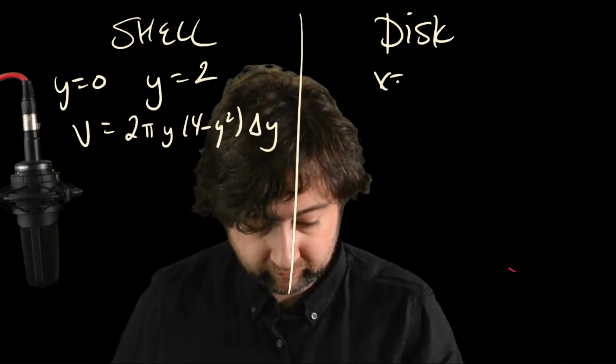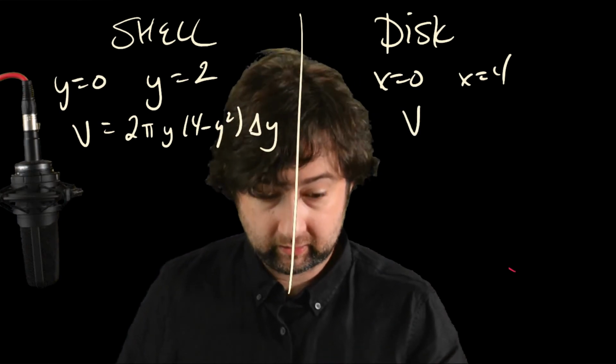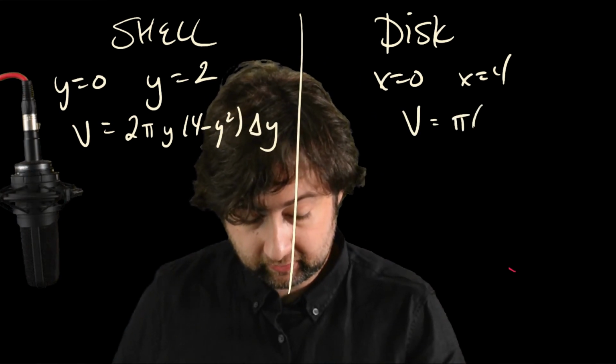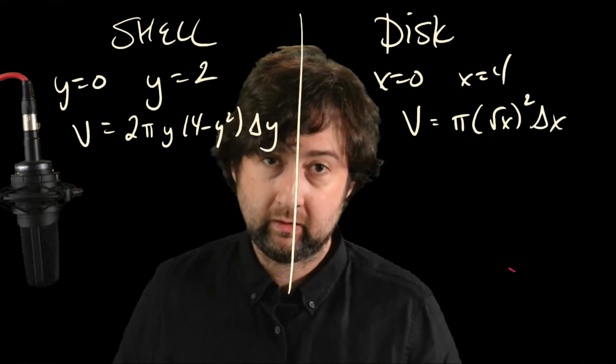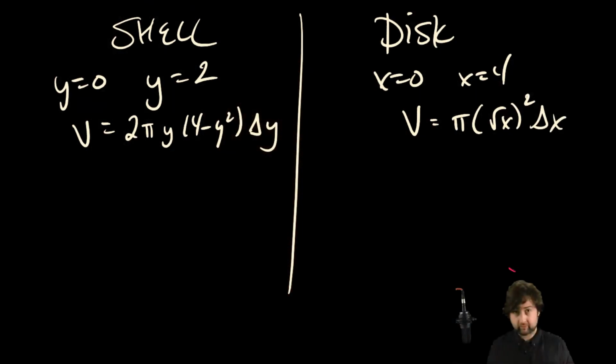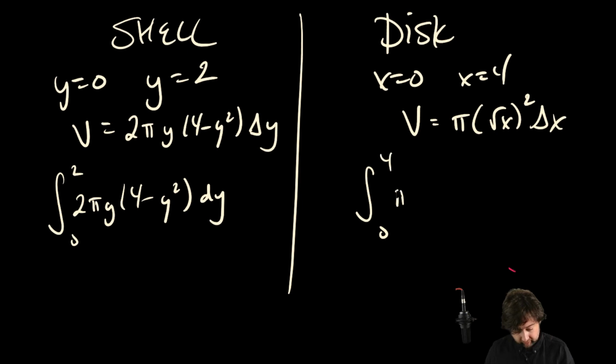And over here, we went from x is equal to 0 to x is equal to 4, and the volumes that we were adding up were pi r squareds delta x. So we can write down two different integrals for this. So this is the integral from 0 to 2 of 2 pi y 4 minus y squared dy. Here, it's the integral from 0 to 4 of pi x dx.